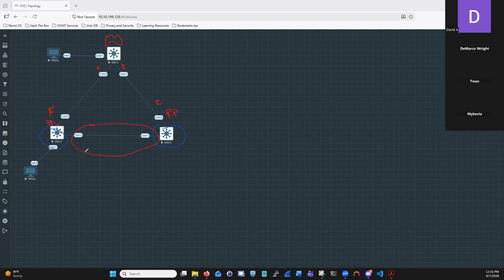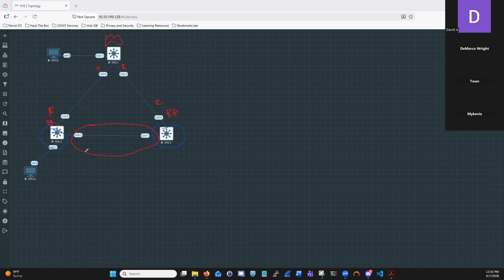So switch 2 and switch 3 are going to send spanning tree messages to each other, and they're going to say, the switch with the lowest root cost becomes the designated switch. Switch 2 has a path to the root with a cost of 4.